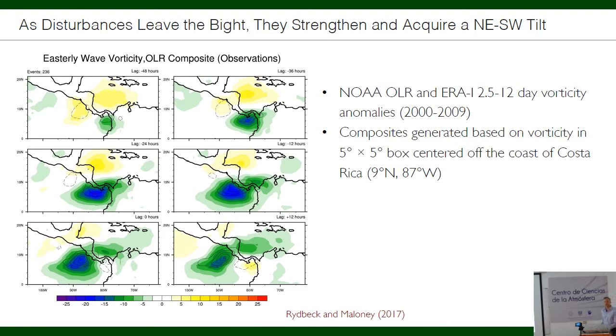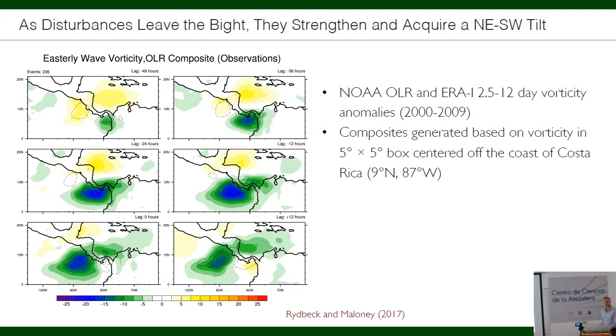To do that, this is my only scary equation that I'm going to show in this talk. We actually looked at the vorticity budget. Vorticity is a measure of rotation, so we're thinking about what causes rotation to be maintained and to develop within disturbances.